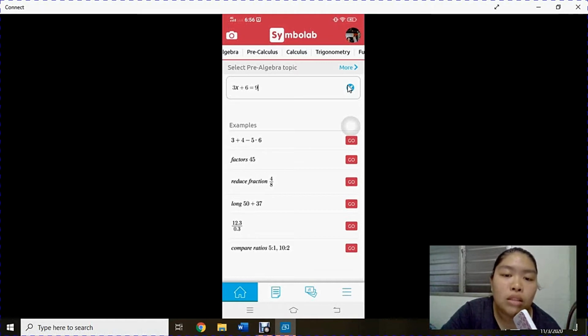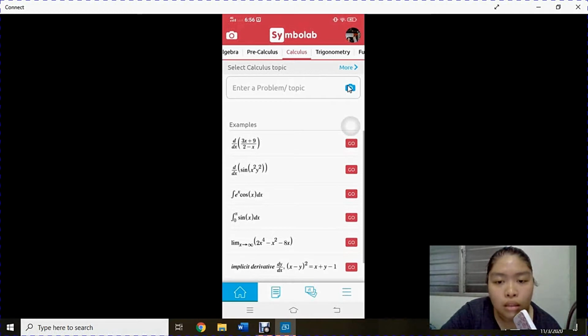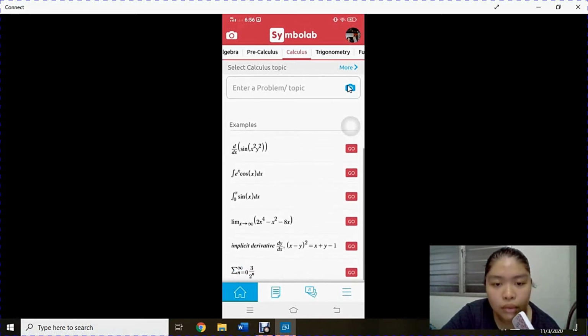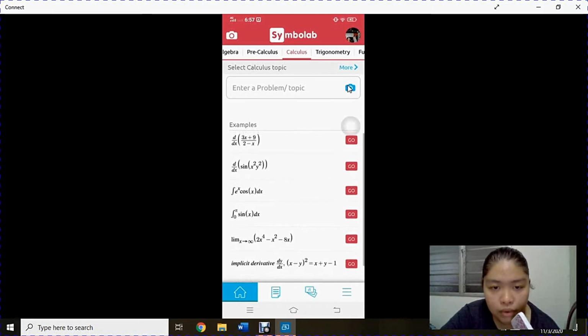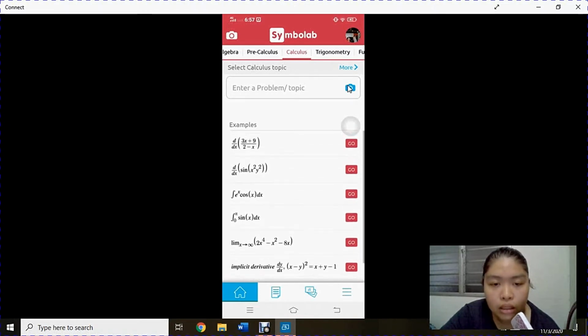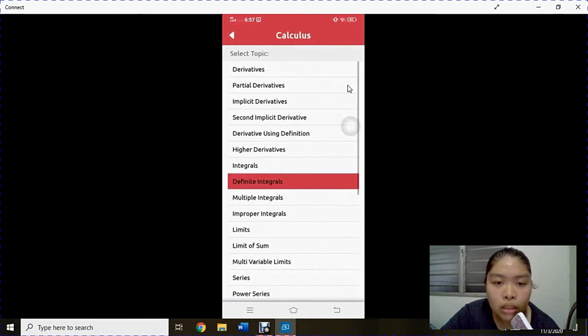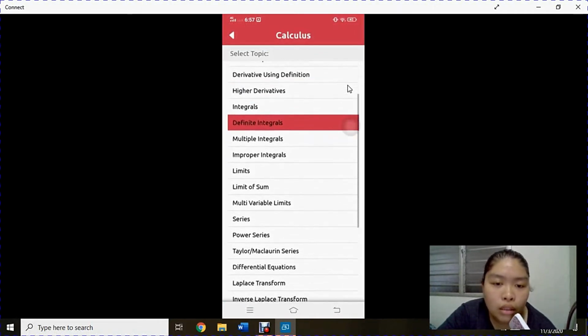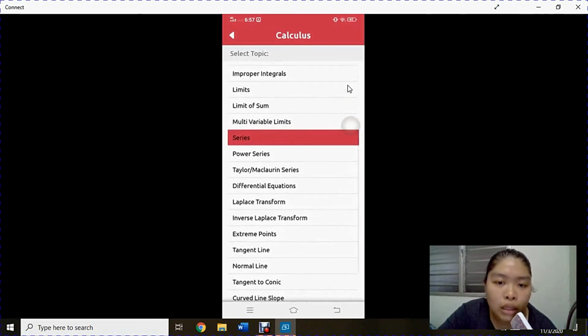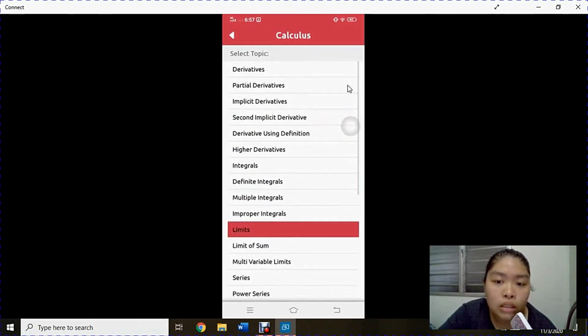So you just press on the calculus button, and then you get this. You can actually type, if you click on more and go, there are so many topics on calculus, such as derivative, partial derivative, everything that we actually learn.